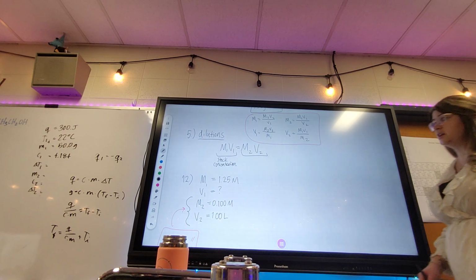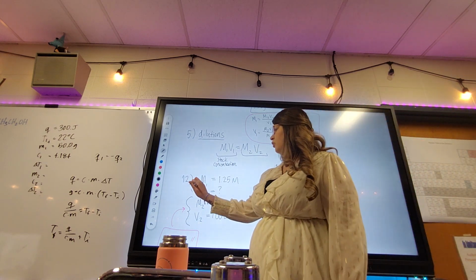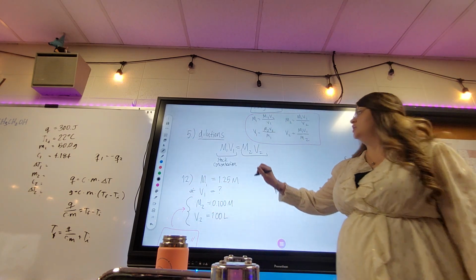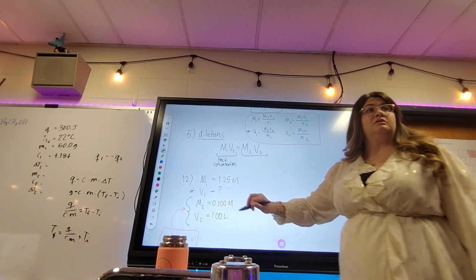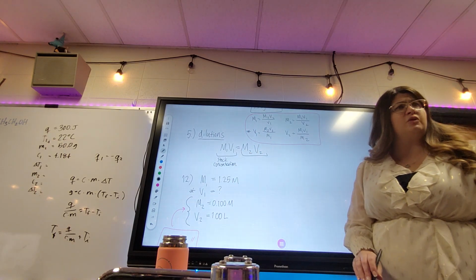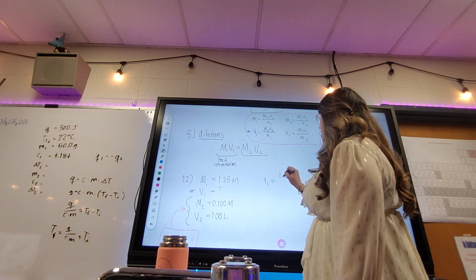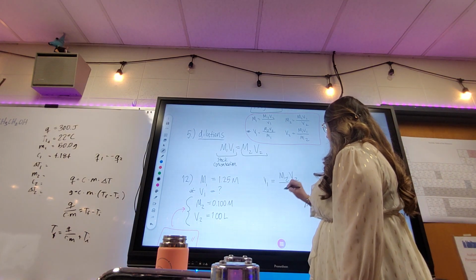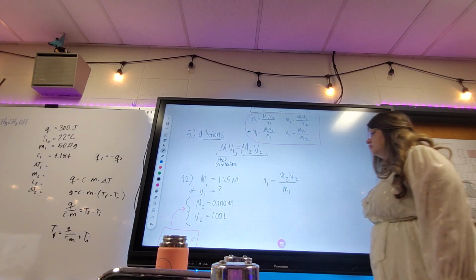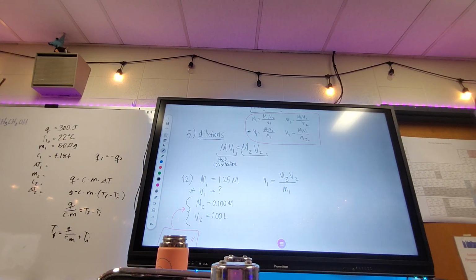Well, it looks like I'm looking for V1, so that means I'm going to have to select this formula. Does that make sense, like knowing what formula to pick? Because if it doesn't, we're in a bad way then. But knowing what formula to pick is a real life skill.